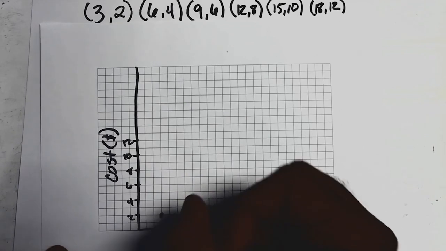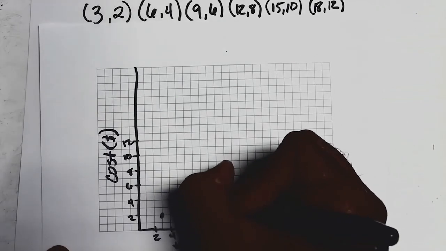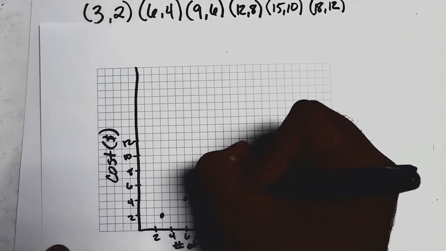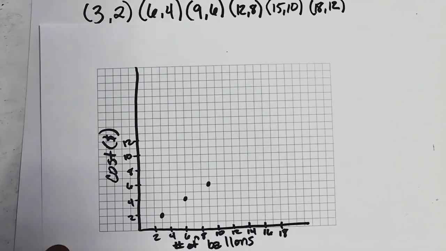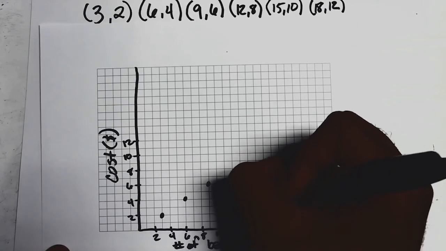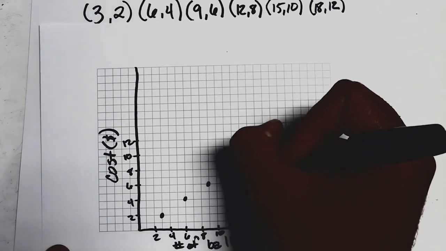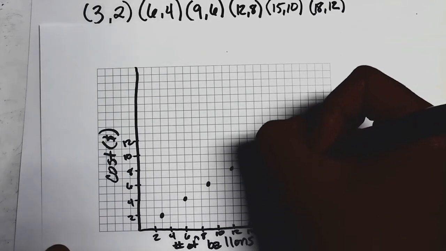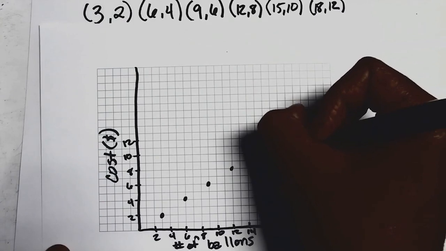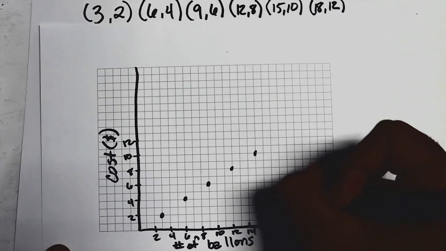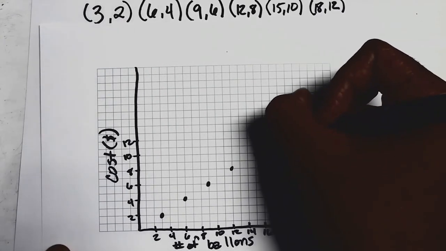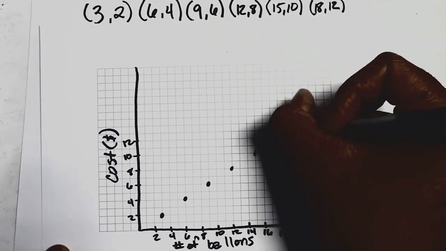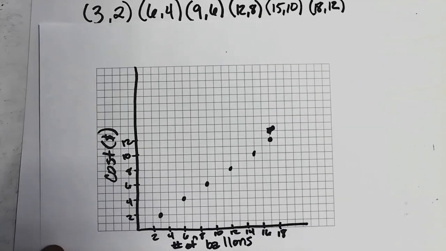So my next one is going to be 6, 4, then 9, 6, 12, 8, 15, 10, and 18, 12. Oh, did I go up too far? Went up too far. So we're going to pretend like that was not there.